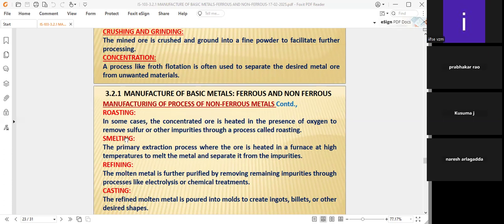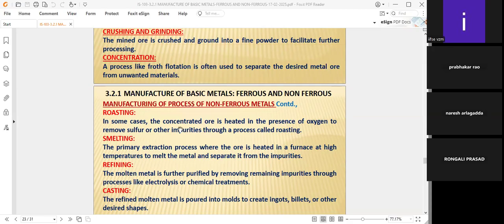Smelting is also called calcination, we can call it also. Therefore, roasting is where the sulfide ore is there, and the concentrated ore is heated in the presence of oxygen to remove sulfur or other impurities.